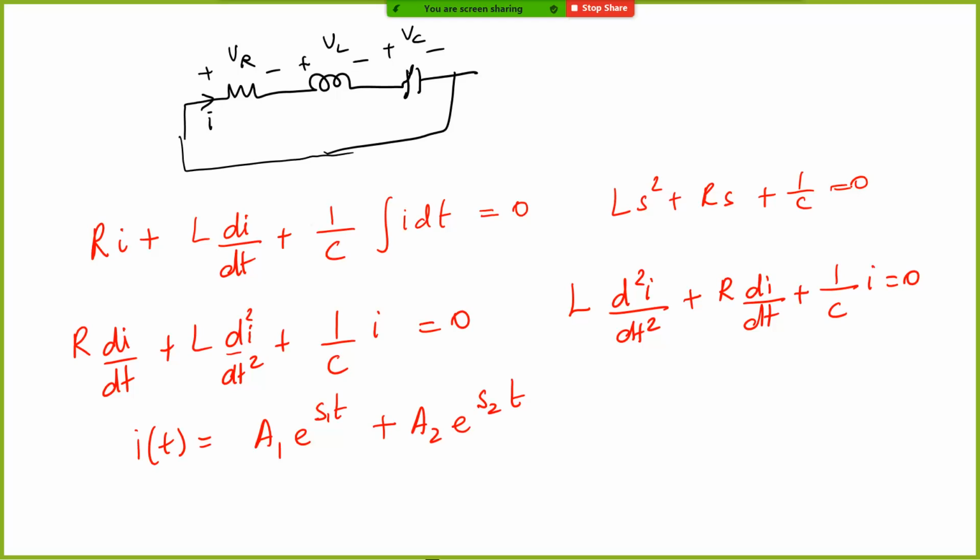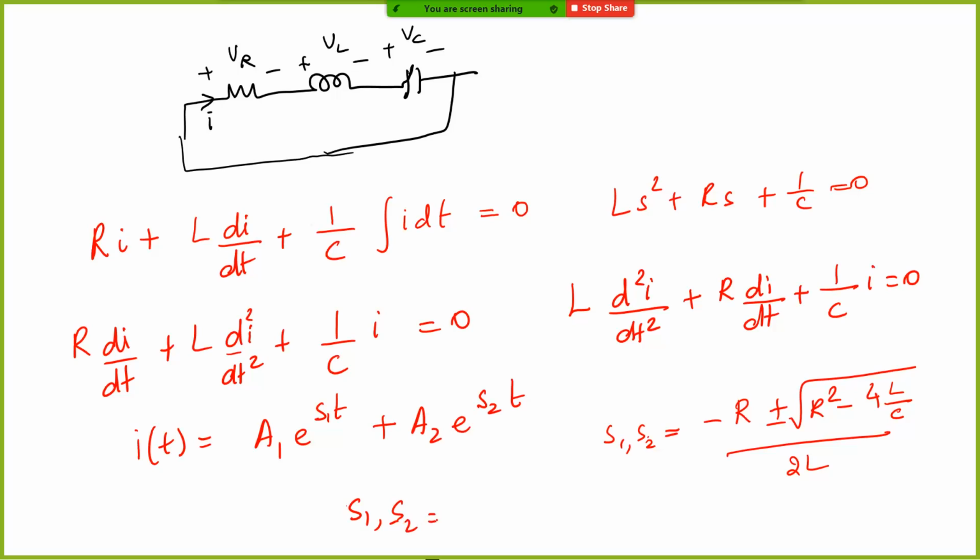If you solve this, S1 and S2 become minus B plus or minus root of B squared minus 4 times L by C, divided by 2 times L.